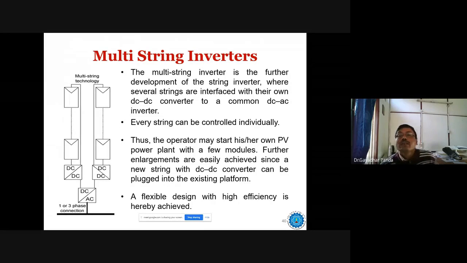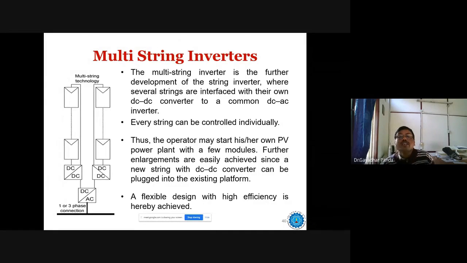Here the multi-string inverter is the further development of the string inverters, where several strings are interfaced with their own DC to DC converters to a common DC to AC inverter. Every string can be controlled individually. Thus, the operator may start his or her own PV power plant with a few modules. Further enlargements are easily achieved since a new string with a DC to DC converter can be plugged into the existing platform. A flexible design with high efficiency is hereby achieved.